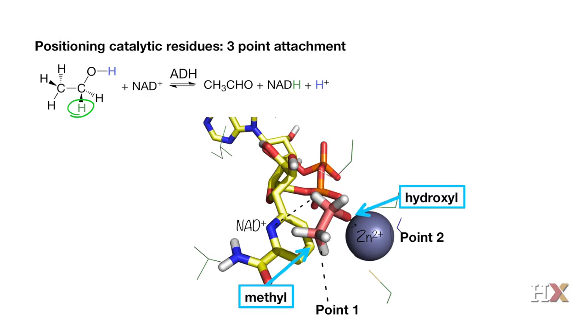And 1 specific hydrogen from the methylene group forms the 3rd attachment point with the enzyme. Now, the hydrogen from this methylene group is positioned nearby the NAD molecule, and it's the one that will always be transferred to NAD.